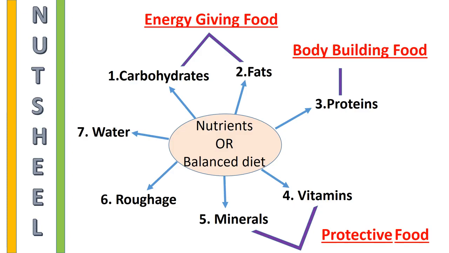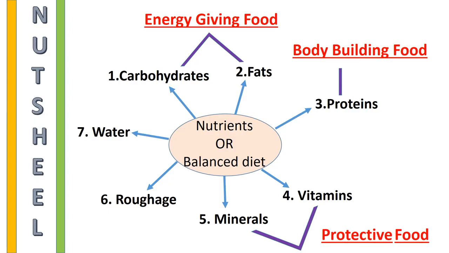The food which we eat have different nutrients. If you look around this circle, the 7 nutrients are written in clockwise direction, starting from number 1 carbohydrates, number 2 fats, number 3 proteins, number 4 vitamins, number 5 minerals, number 6 roughage, and number 7 water.